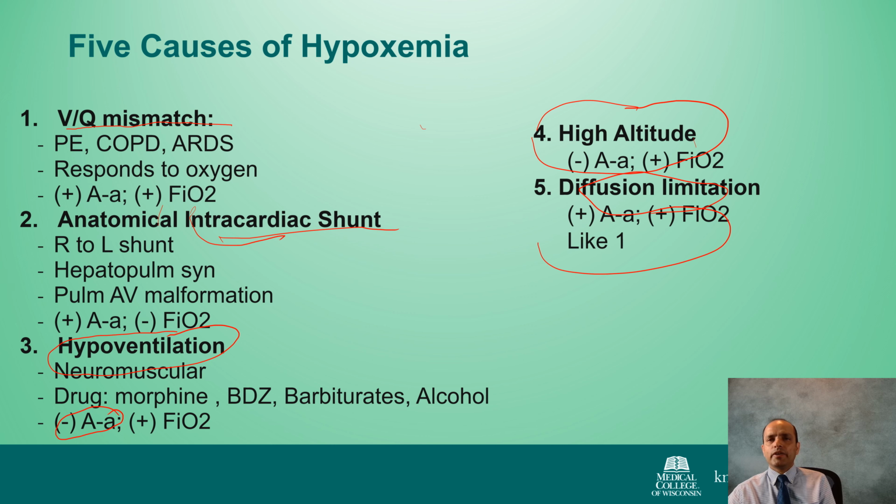So these are the 3 conditions where the A-a gradient is increased, and those 2 conditions where people are either at high altitude with a low oxygen tension, or have taken something that makes them feel like they are at high altitude, such as sedatives, are the 2 conditions where the A-a gradient is normal.